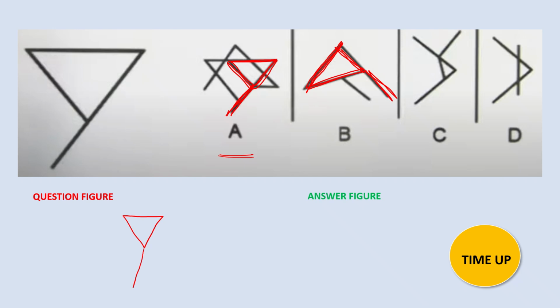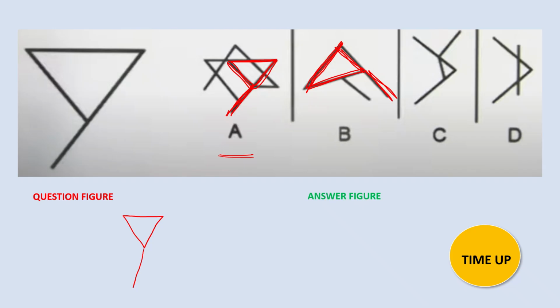But what did I tell you? Rule one: if you get the exact same image, then you need to choose that. If that doesn't apply, then the last option should be rotation. In option B, the rotation of the image has been done. But the first rule you need to apply is when you get the exact image.